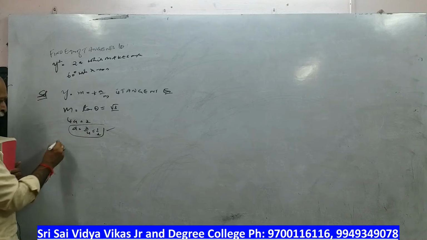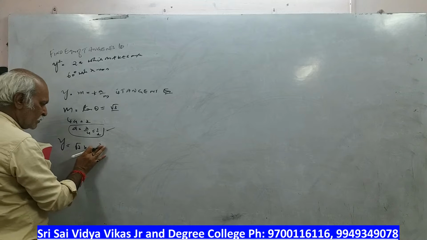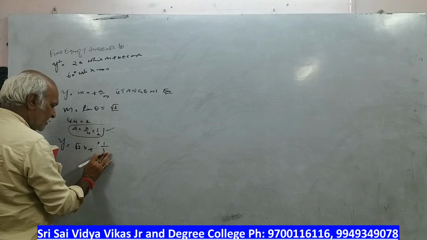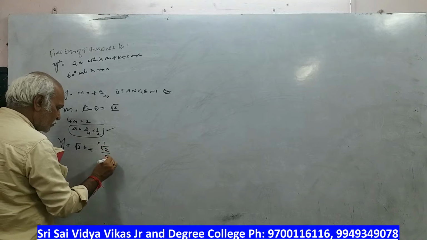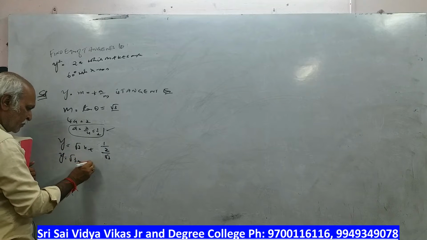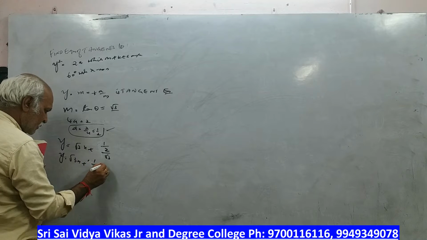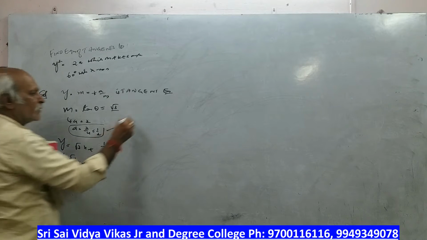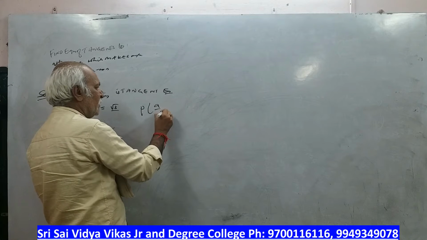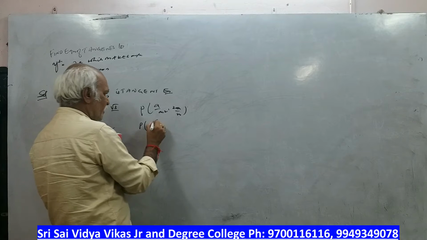Okay, we got a. Therefore, y is equal to root 3x plus a by m, that is 1 by 2 by root 3. Therefore, y is equal to root 3x plus 1 by 2 root 3. Right? And point of contact again a by m square comma 2a by m. Therefore, p is a by m square.